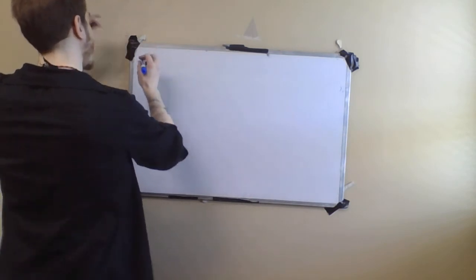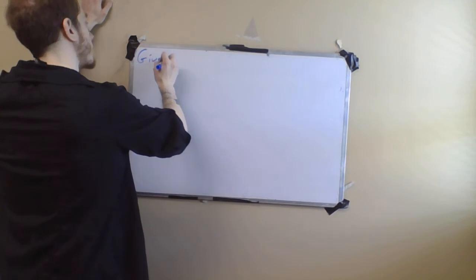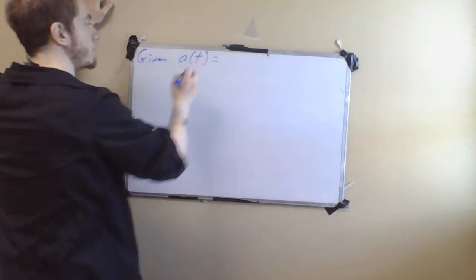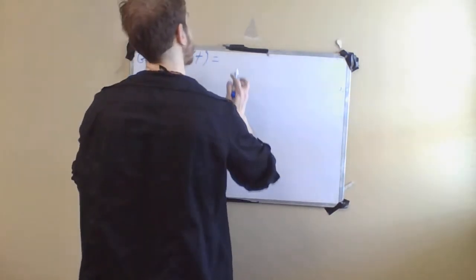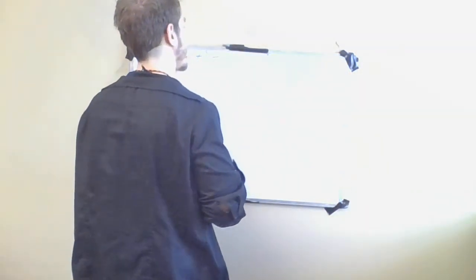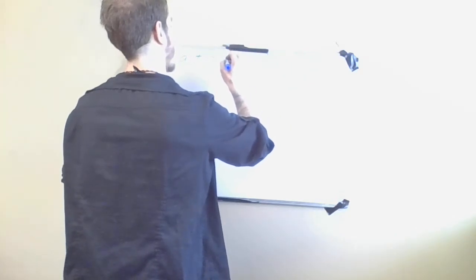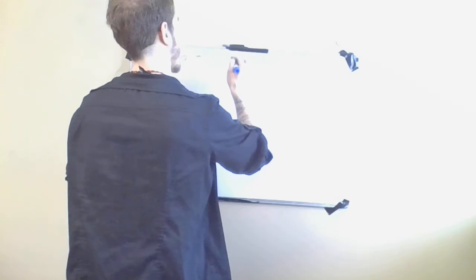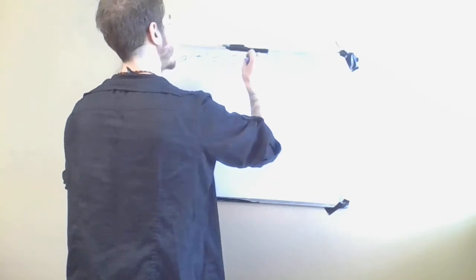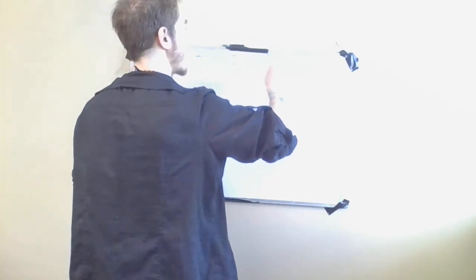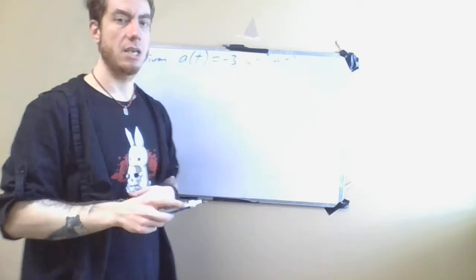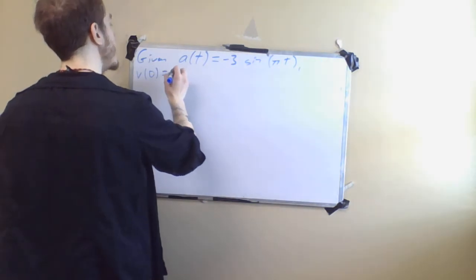So as an example of this, where this really does come up rather frequently, let's suppose we are given that the acceleration as a function of t is equal to, let's say, minus 3 times the sine of pi times t.